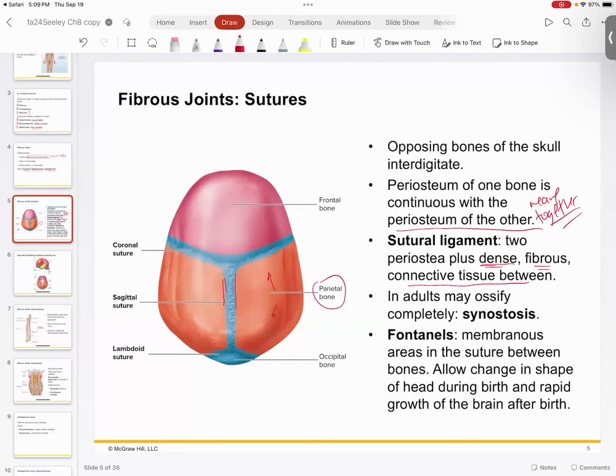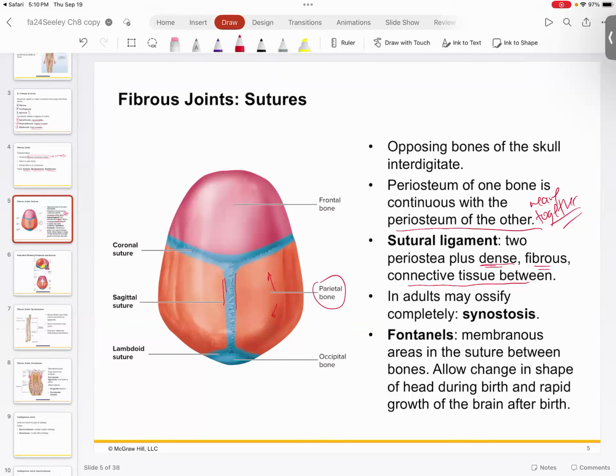Very similar to what we talked about before with how you use that collagenous fibrous layer of the periosteum to weave into the collagenous fibers of a tendon. Using a very similar thing, you're using in this case those dense fibrous fibers to interweave between the two periosteal liners. And so that is essentially the ligament of sorts, if you will.